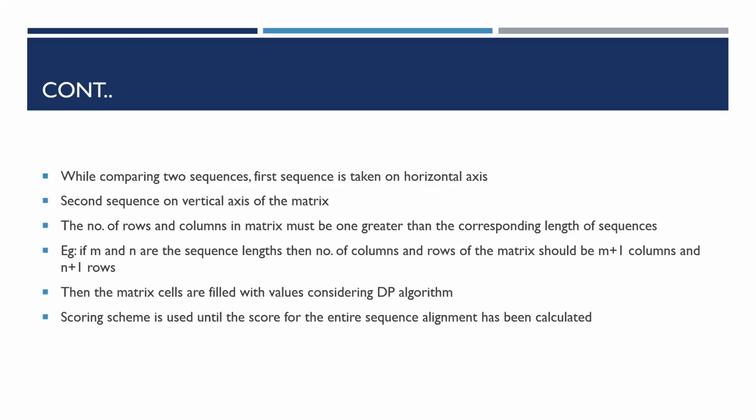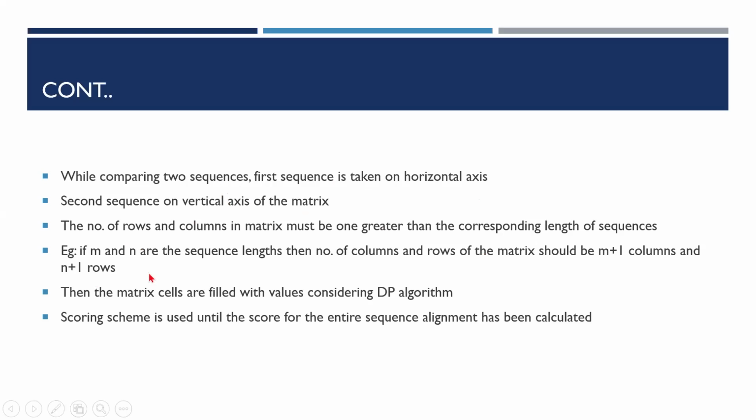So what I'm saying is, when you try to fill the matrix with the alignment scores, how do you fill the cells of the matrix? The general procedure is given here. First sequence is taken on horizontal axis. The second sequence is taken on vertical axis. And then the number of rows and columns of the matrix should be 1 greater than the length of the sequence.